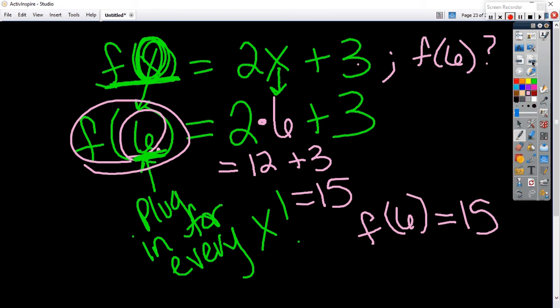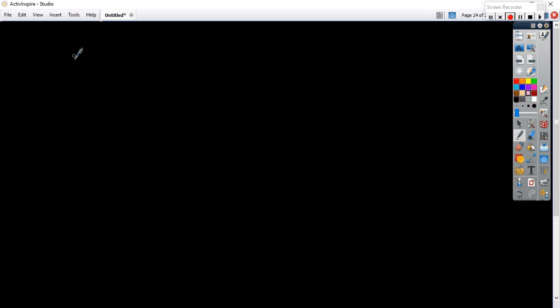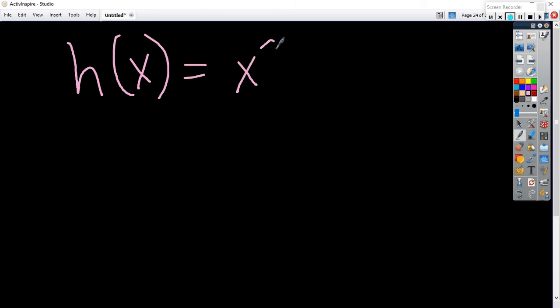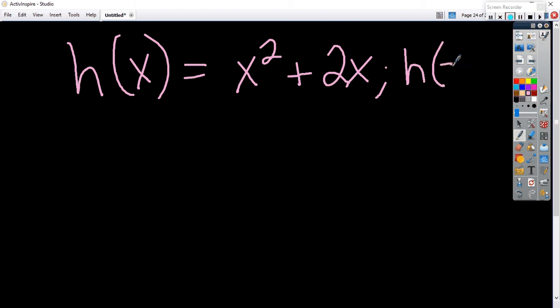How about this one? I'm going to change the letter up because it can be any letter. How about if h of x equals x squared plus 2x? What is h of negative 3?